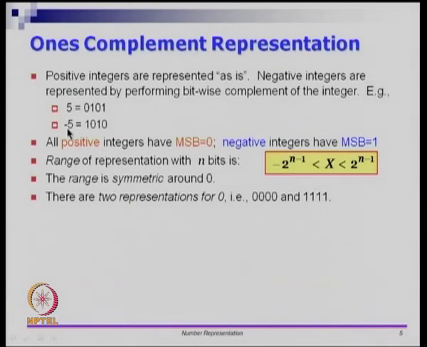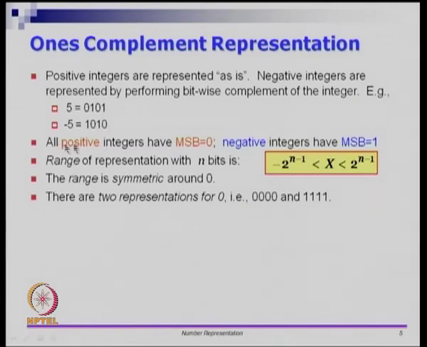However, if I want to represent minus 5 in ones complement form, then the way to do that is you take whatever is the n-bit representation of the positive number, negate or flip all the bits, that is the ones complement representation. So if I take a positive number and negative number, they will be flips of each other in ones complement representation.